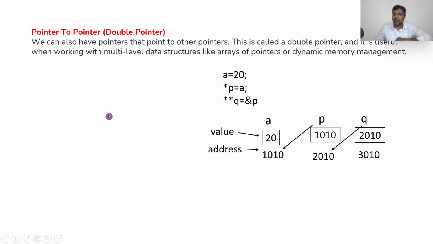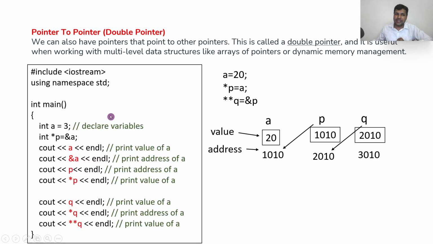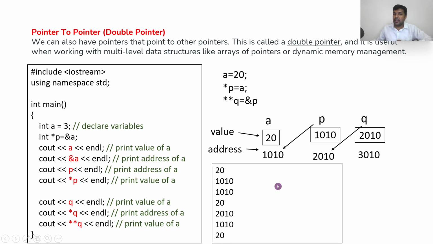So let me show you a small program so you can understand easily. For example, I take a, &a, p, *p, q, *q, and **q. Now what will be the result? First a, you know it is 20, and &a is the address of a, p is the address of a, *p is nothing but the value of a.